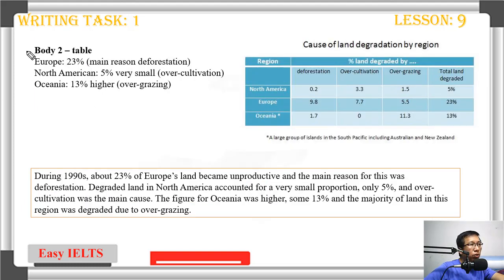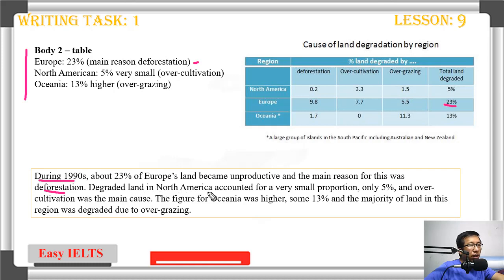Now we move on to body 2. Okay, you can begin with: during 1990s, about 22% of Europe lands become unproductive, and the main reason for this was deforestation. Okay, so that's sentence number 1.